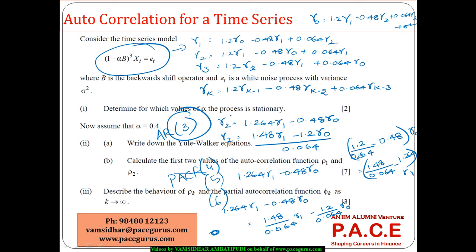Whereas the autocorrelation for an AR process gradually decays to 0, the partial autocorrelation function suddenly drops to 0 after the lag. So that is the way of computing the autocorrelation for a time series using the Yule-Walker equations, finally trying to find out the autocovariance and then the autocorrelation by solving those functions, right?